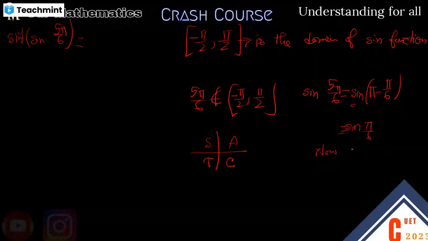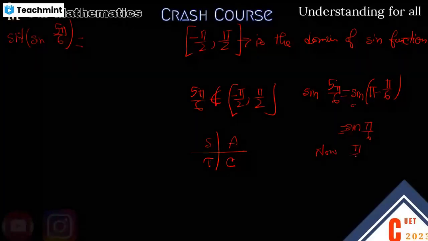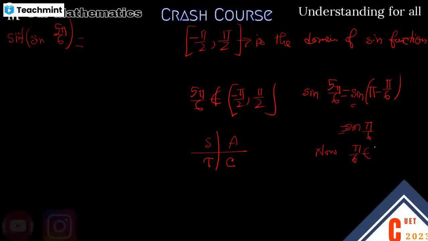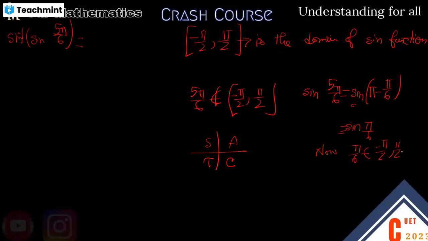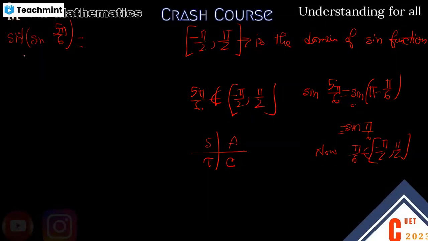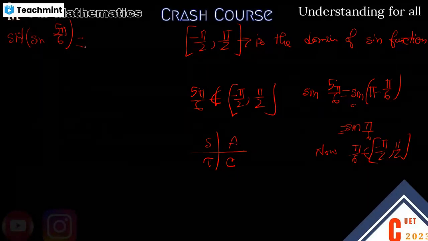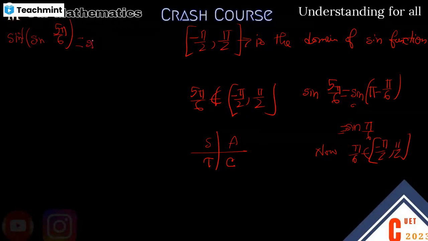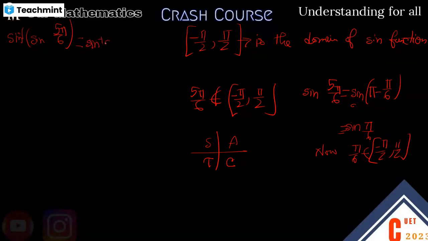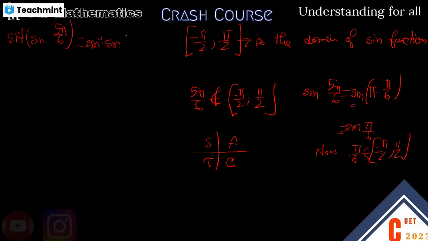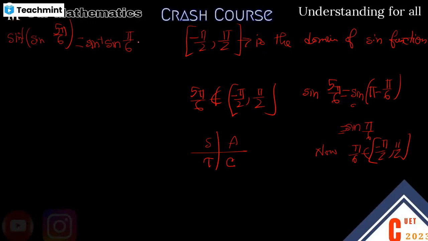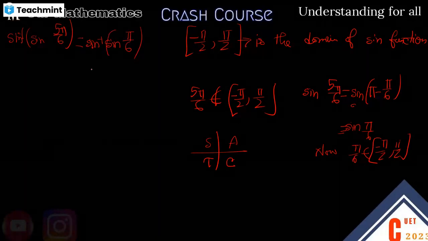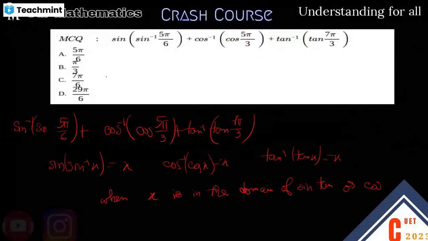Now does pi by 6 belong to the domain, right? Pi by 6 belongs to minus pi by 2 to pi by 2 closed interval. Therefore, sine inverse sine of pi by 6 is equal to pi by 6.